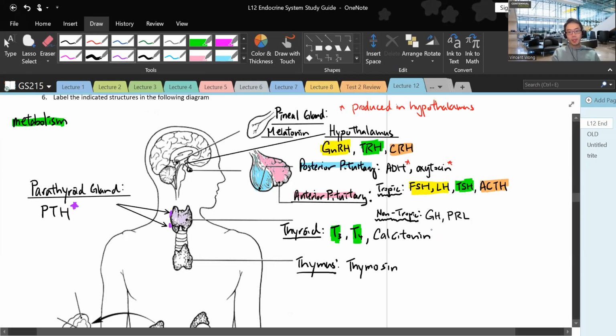And then I'm going to put a star on calcitonin here. I guess I'll just put it here. PTH and calcitonin are antagonistic hormones, right? We just reviewed that at the beginning of the tutorial. They maintain blood calcium level, right?